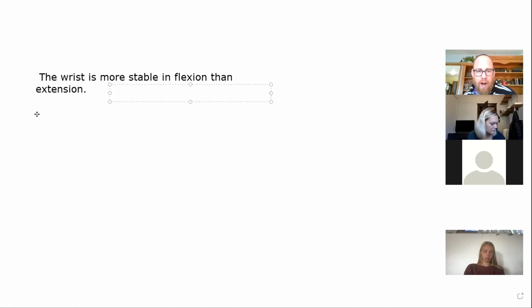All right. Now, we already know that we have the scaphoid and the lunate that live next to each other. There's also a ligament that connects the two called the scapholunate ligament.